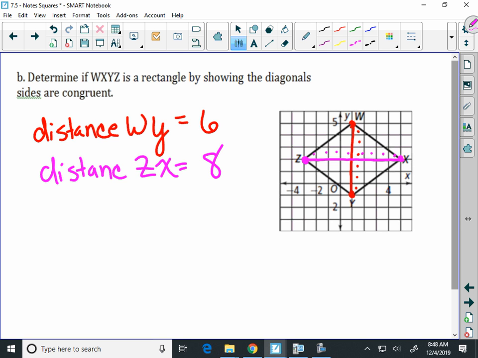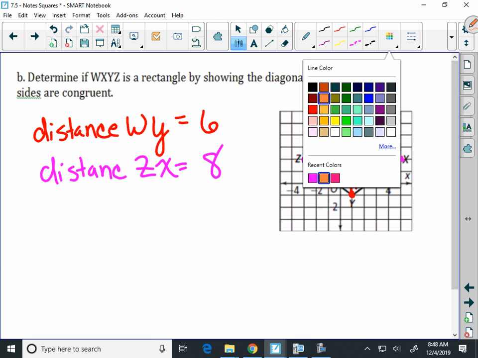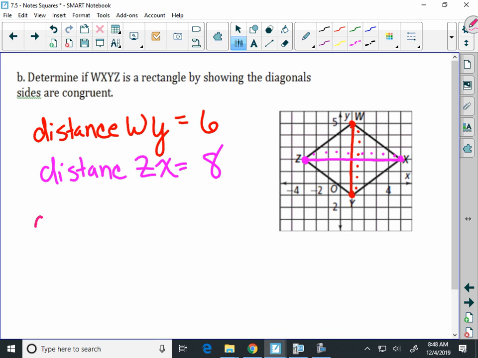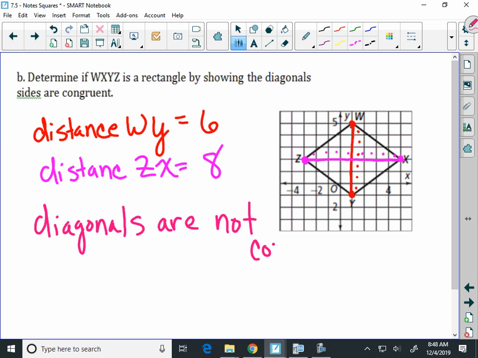Determine if this is a rectangle by showing that the diagonals are congruent. Well, the diagonals are not congruent. So if our ultimate goal here is to show that this is a square, this is not going to be a square.